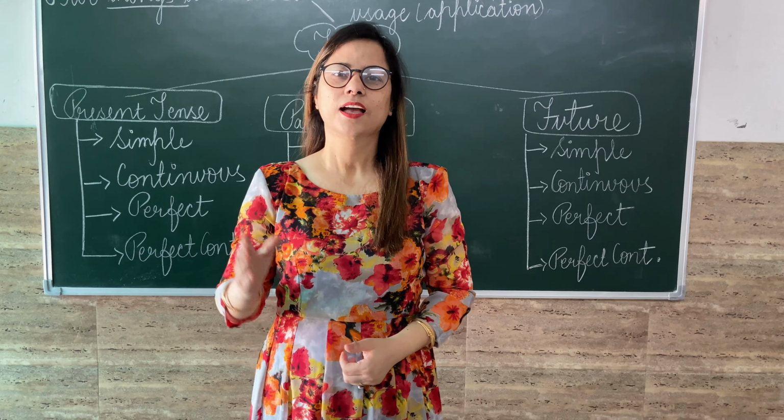One more example I would like to give you. My uncle lives in America. Again, this is simple present because this is first form, lives in America. This is a habitual truth. He lives in America. But nowadays, he is staying in India with his family. This action is taking place in these days, nowadays.